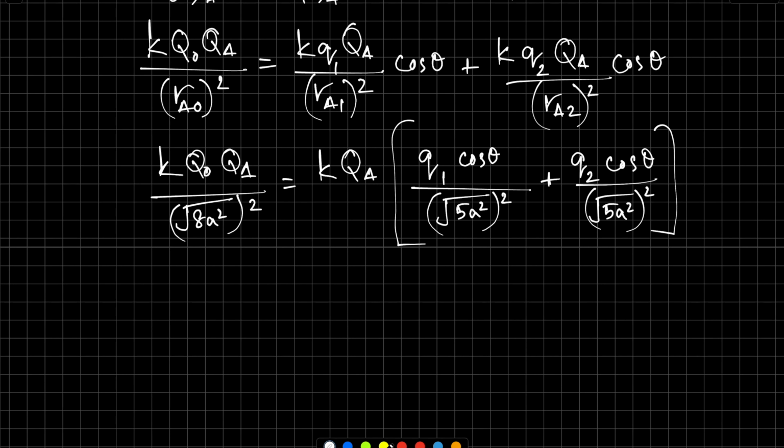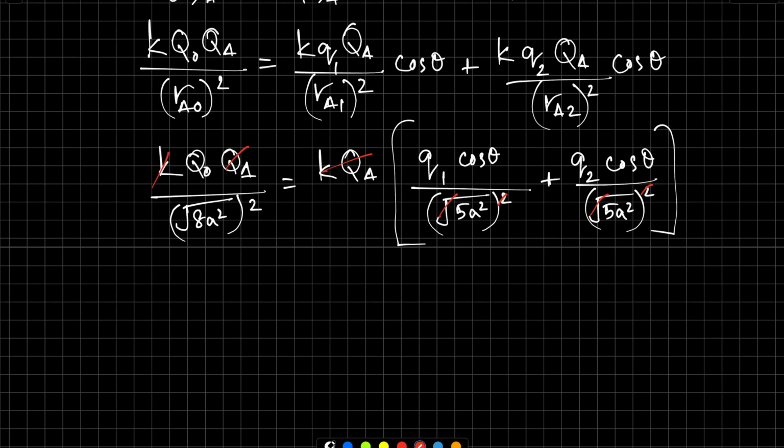Okay, let's cancel out a few things from here. You have K and QA here, cancel it out. Square and the square root can be cancelled as well, so that's gone.